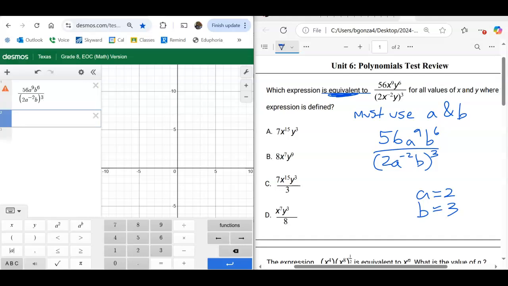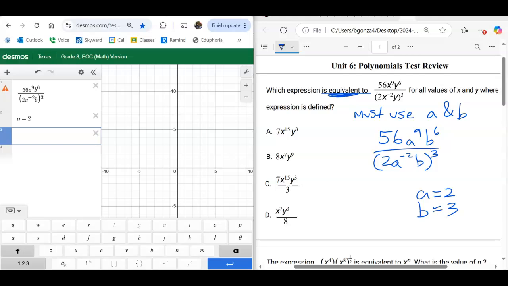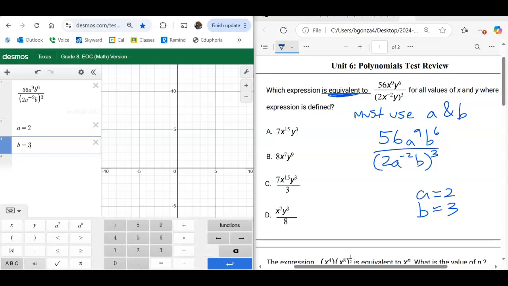Okay, so we type it in, and then we say A is 2, B is 3, and then we get a value here, right?